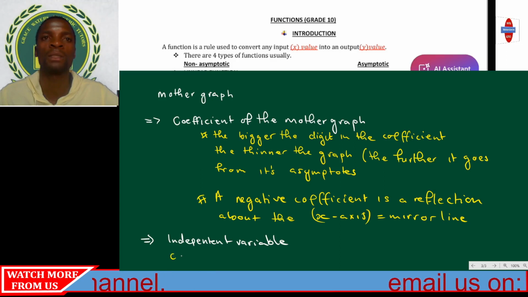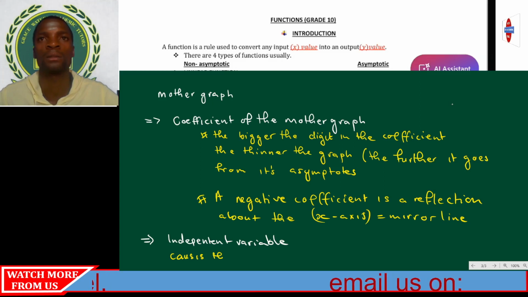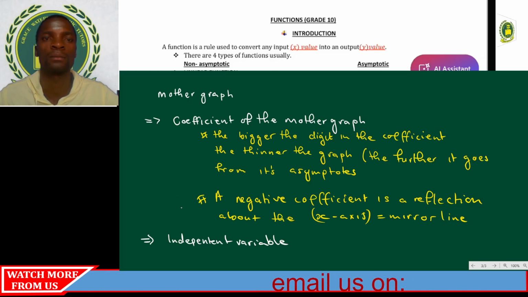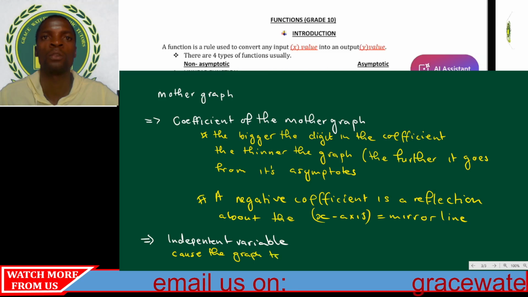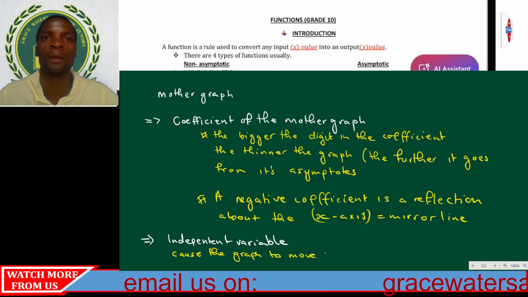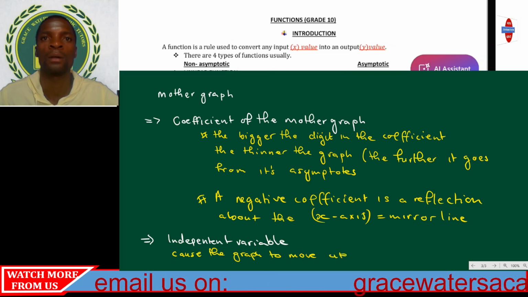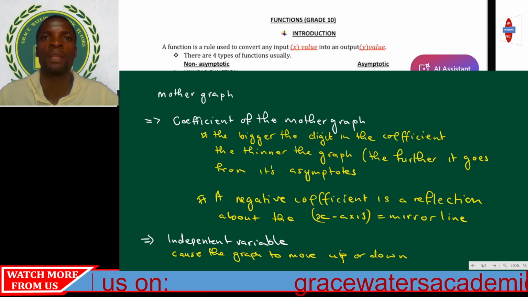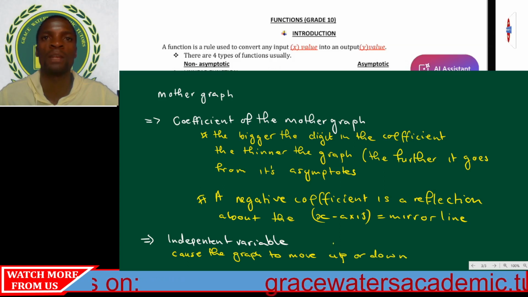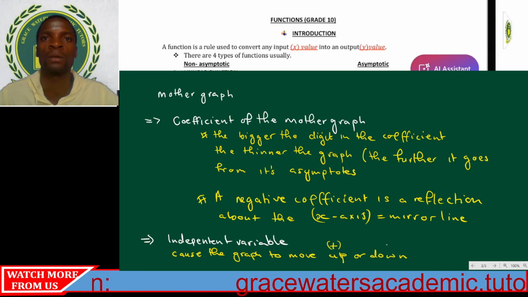It causes the graph to move up or down, depending on whether the independent variable is positive or negative, okay?